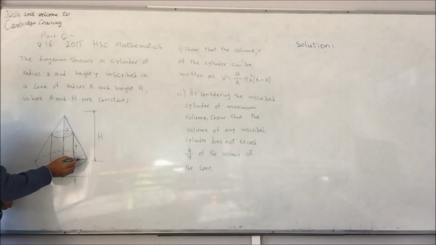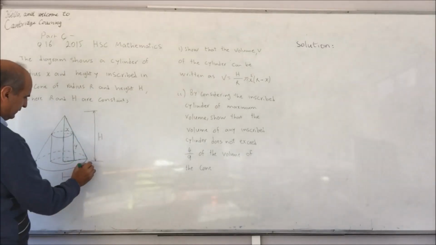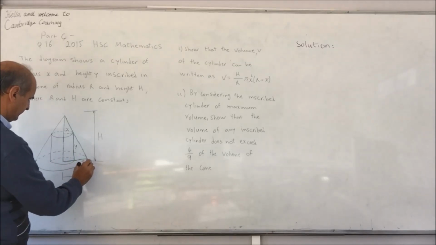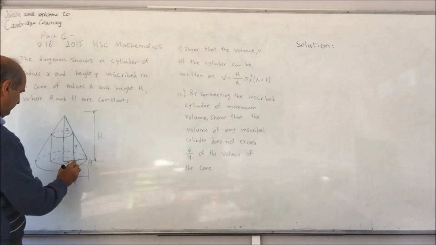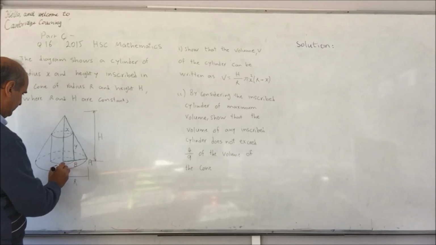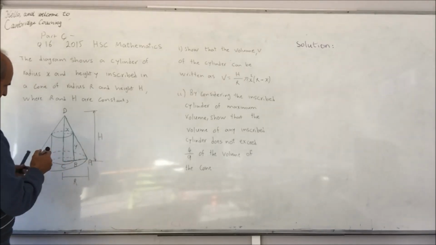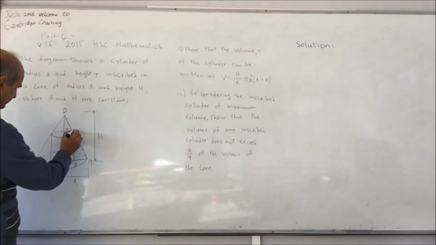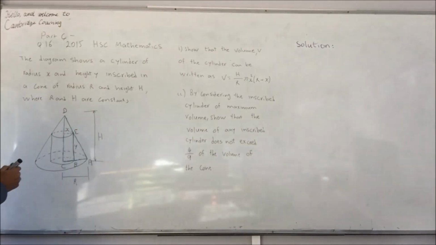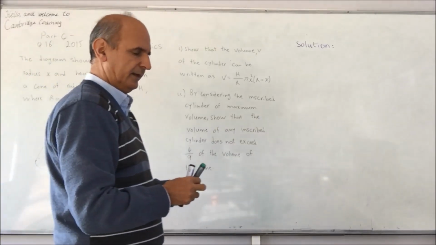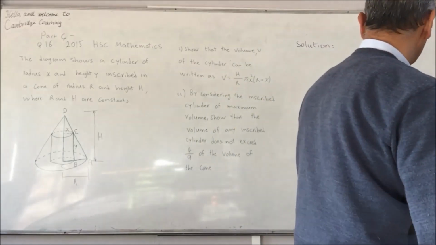Okay, this is one triangle, and maybe I give them names. So A, B, C, D, and E. Alright, so we have these two triangles and they are similar.